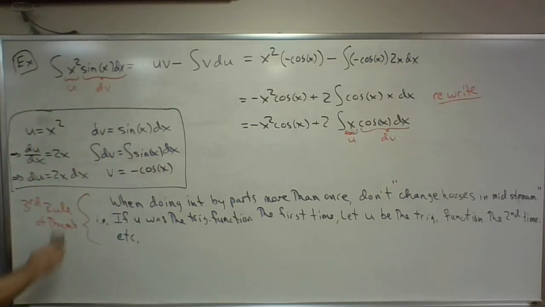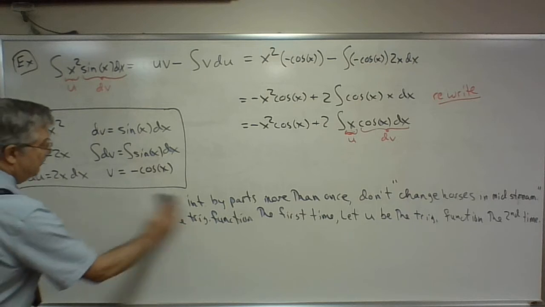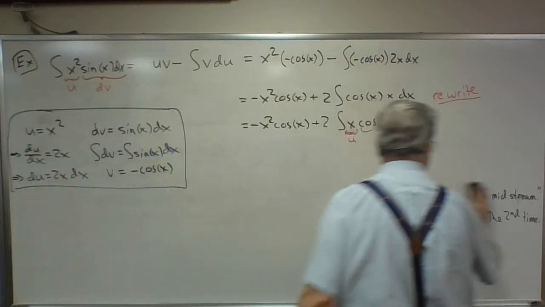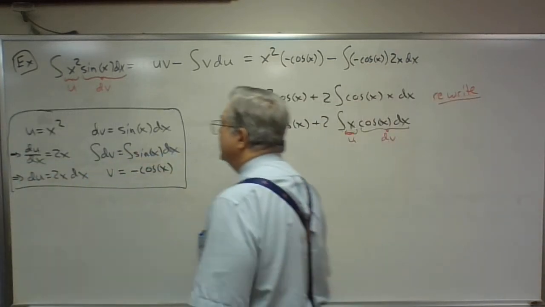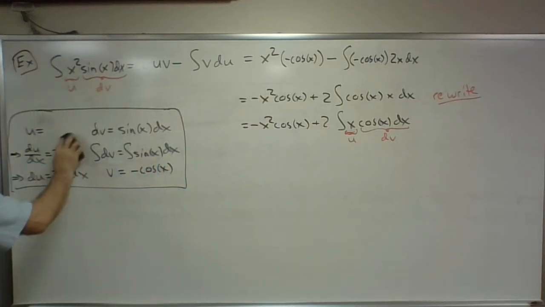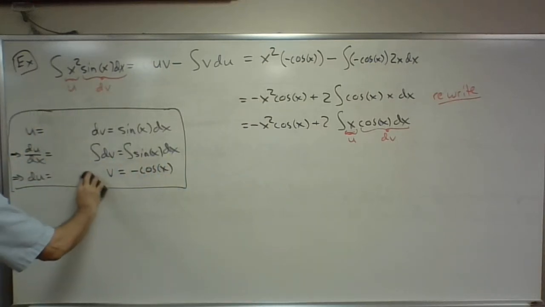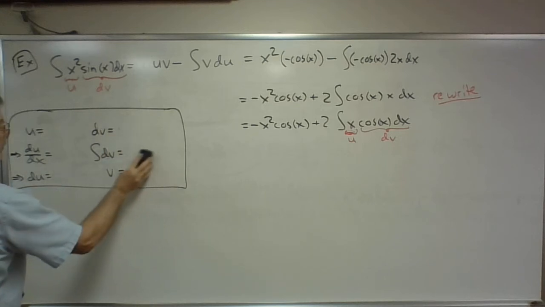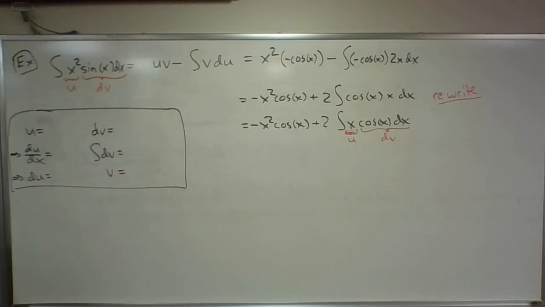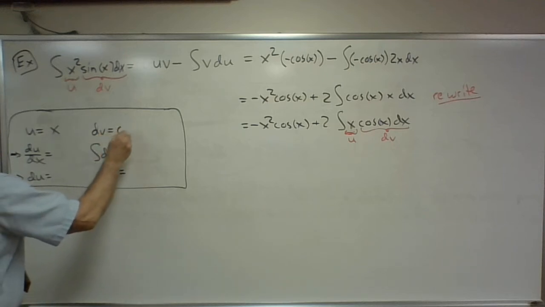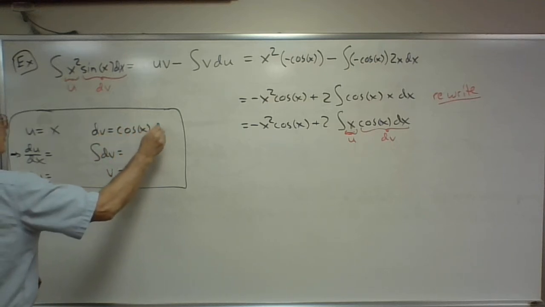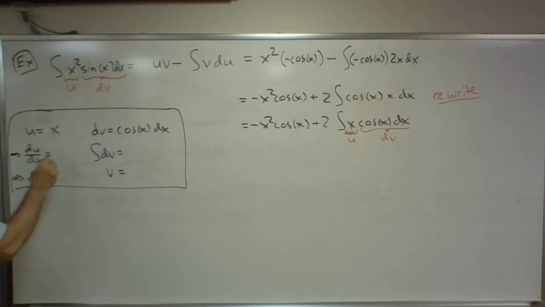Very important rule of thumb. Okay, so u is going to be x, and dv is cosine of x dx. And that means that du dx is 1. Oh, I like that. And du is dx.